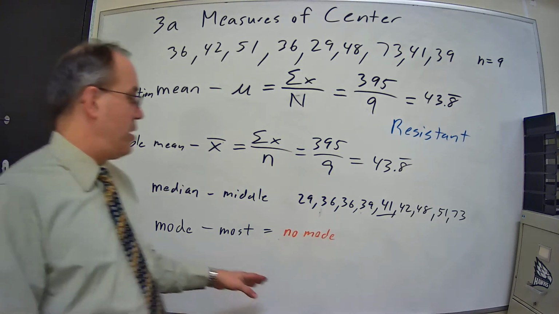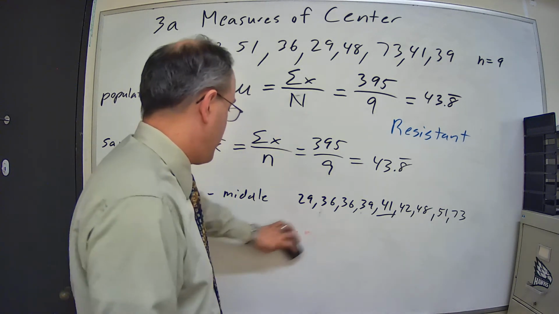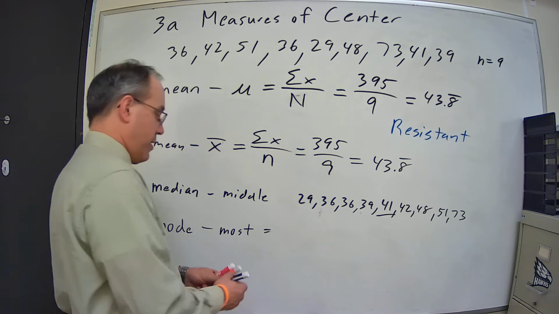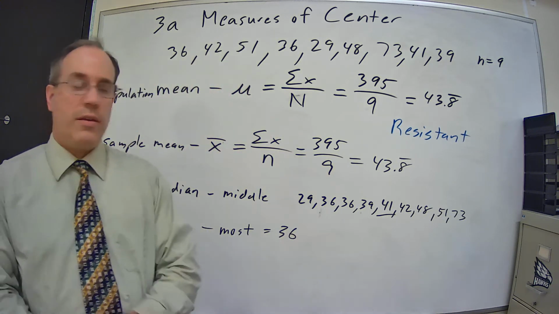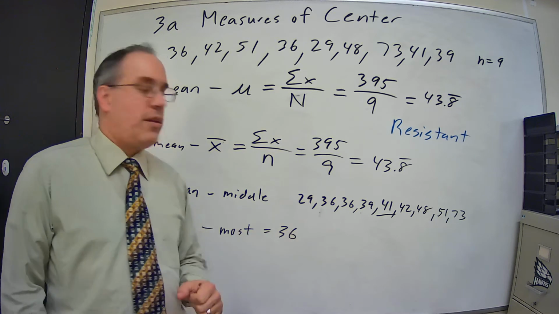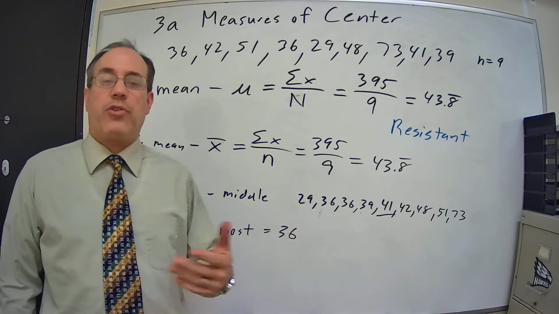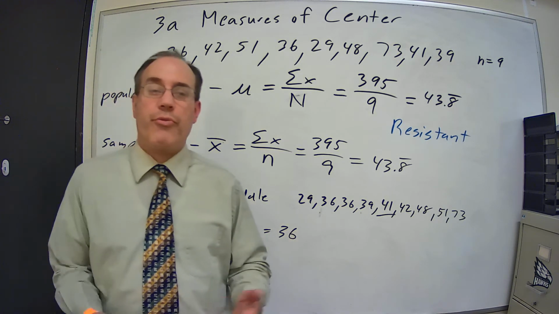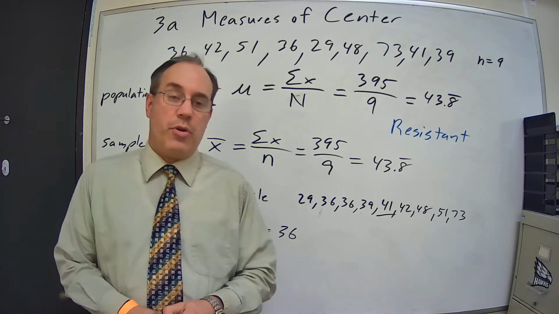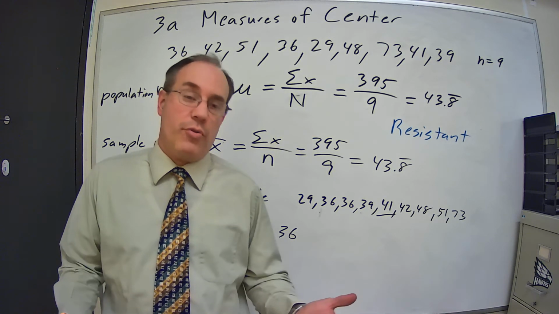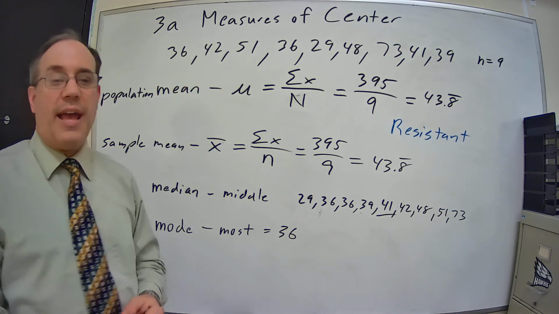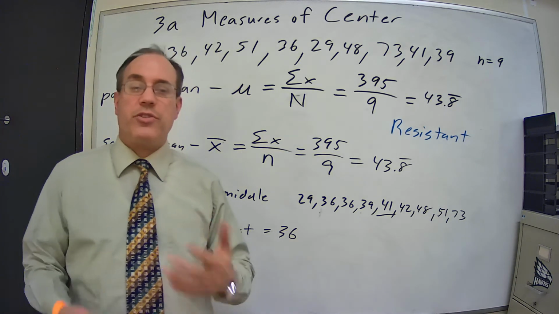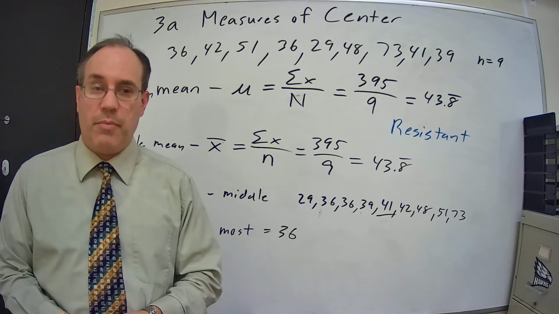And our mode, which we can put back to 36 now. Our mode is the value that occurs the most. And there may be 2 or 3 values that are modes, or you may have no mode. And there we have our 3 measures of center that we deal with regularly.